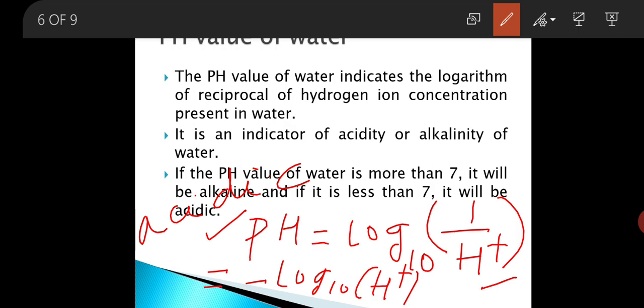Therefore, if pH is more than 7, it will be alkaline, and if it is less than 7, it will be acidic. The maximum acidity will be at a pH value of 0 and maximum alkalinity will be at a pH value of 14.